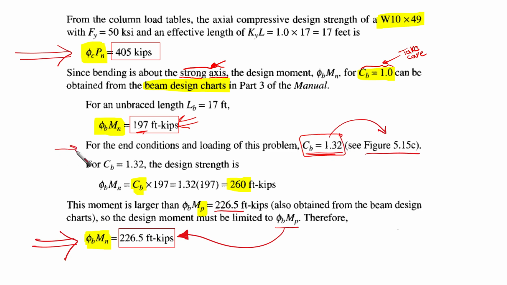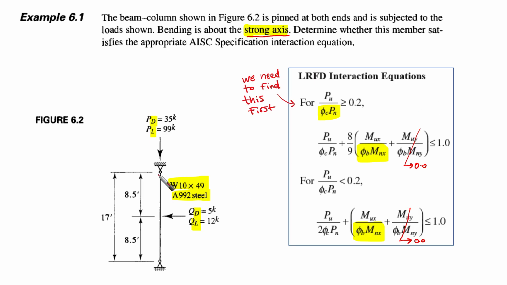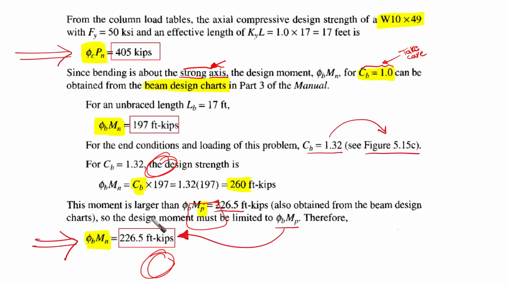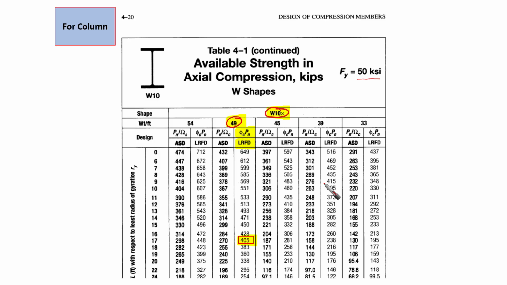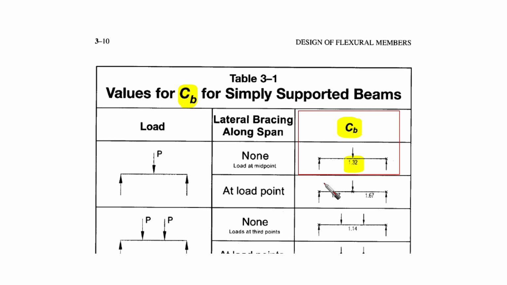Who says that? Let's see what our case is. Now let's go back. This is our case. We are having pin condition. These are the boundary conditions. And we have a concentrated load at the middle, right? So let's revisit. This can be obtained from figure 5.15c in the textbook, but you're going to find it in the design of flexural members in the manual.